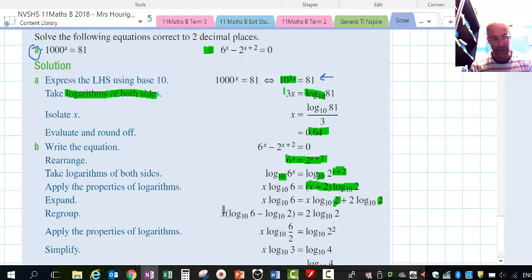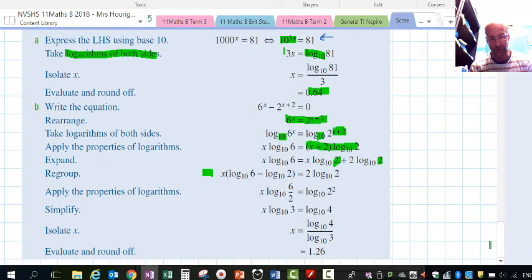We rearrange in this step here. You may need to pause the video to have a closer look, and on your notes write down any questions you have for the teacher. Further log law here, where we have a quotient, and that simplifies to a 3. This simplifies to a 4, and we rearrange to find x, and then we can use a calculator, in fact, to any base we like. Once they're the same, it'll come out to approximately 1.26. Try some.